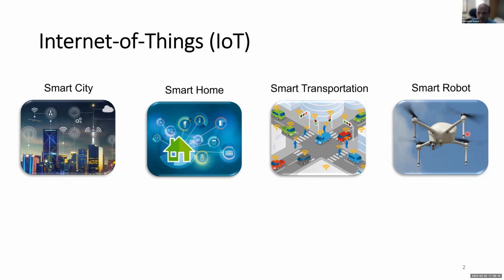And then, of course, the smart robots, which include not only industrial robots, but also drones, for example. So with this definition of Internet of Things, people have been investigating different types of attacks, and of course, they have found a variety of attack surfaces.